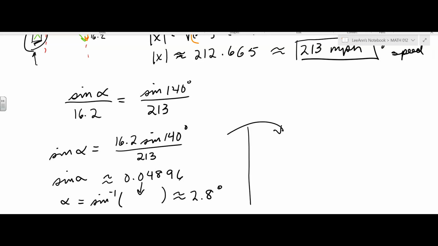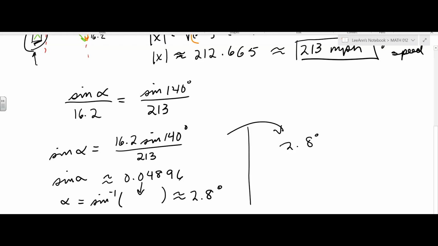So we'll use the rounded off answer and see if it makes a difference. I don't think it's going to, but let's see. Inverse sine of that. It's a little bit different, but when we round it off, we still get 2.8 degrees.